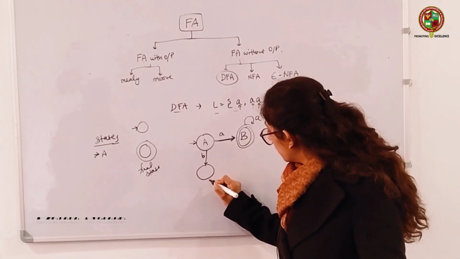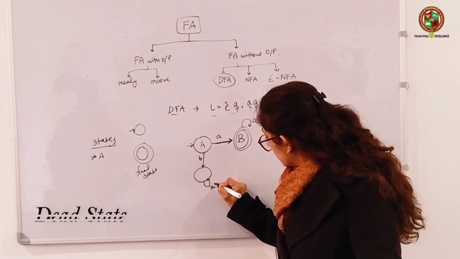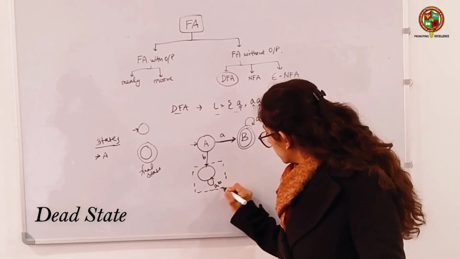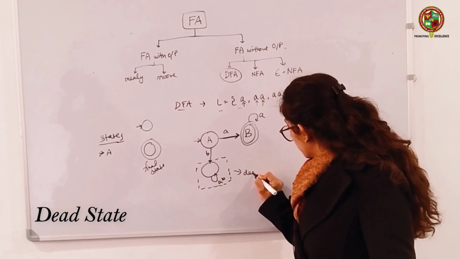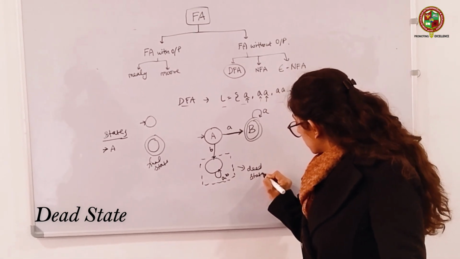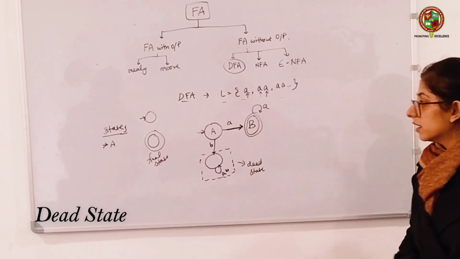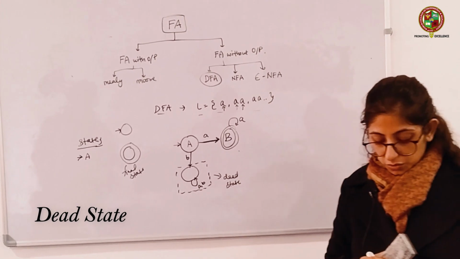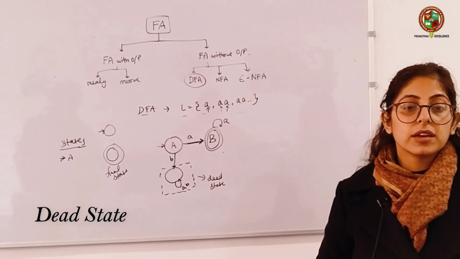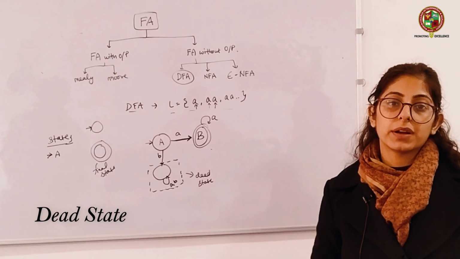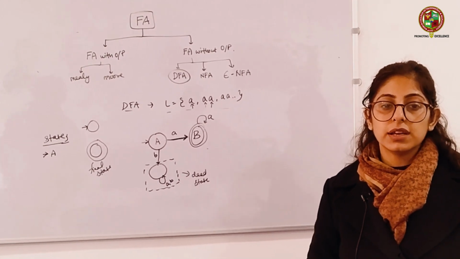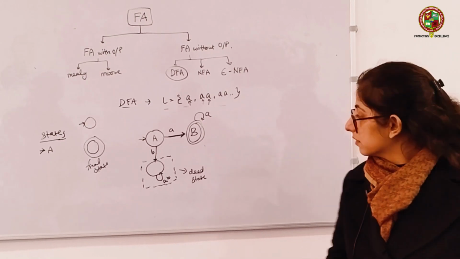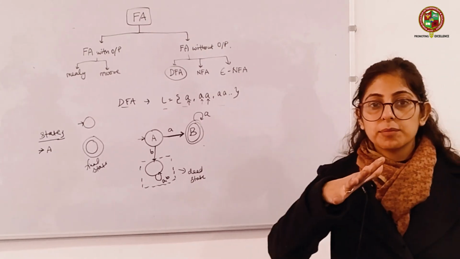So this should go into a dead state. This state is said to be a dead state. A dead state says if any input comes which is not accepted by your machine, then it should go to the dead state. It's like if I am writing in my notepad or text editor and suddenly another priority process comes, another pop-up comes out.